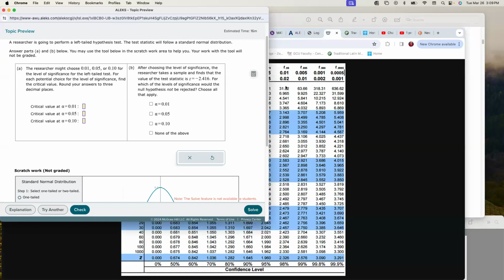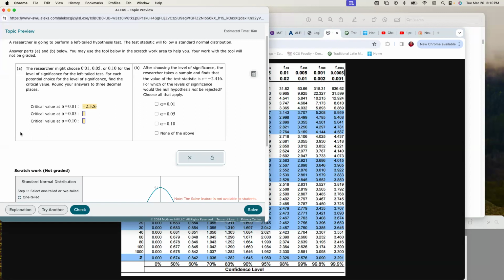And so if I want 0.01 in my left tail, that z statistic is going to be negative 2.326. I'm going to go ahead and type that in, negative 2.326.